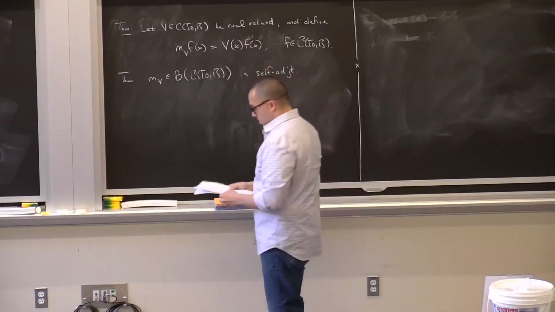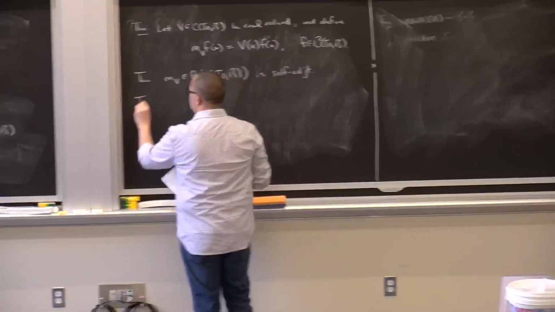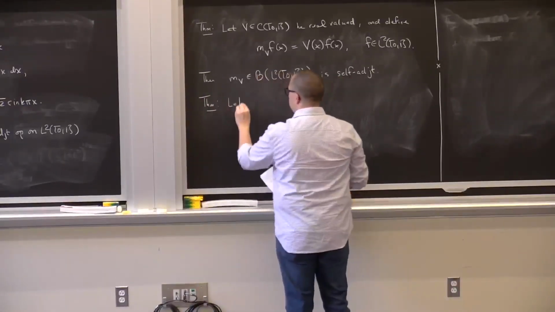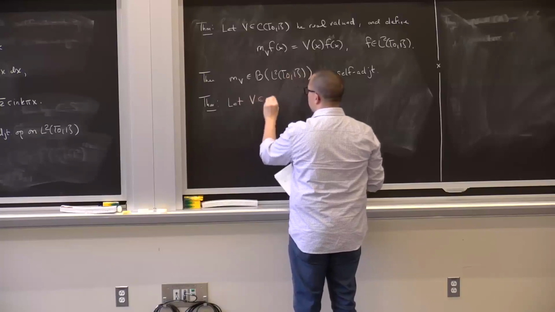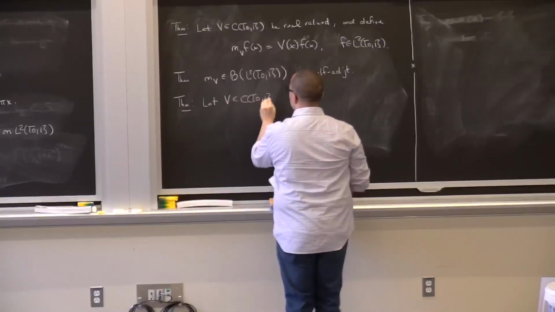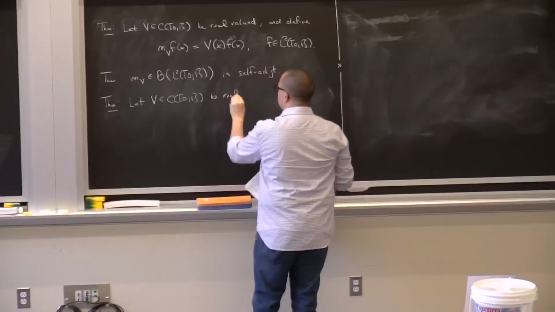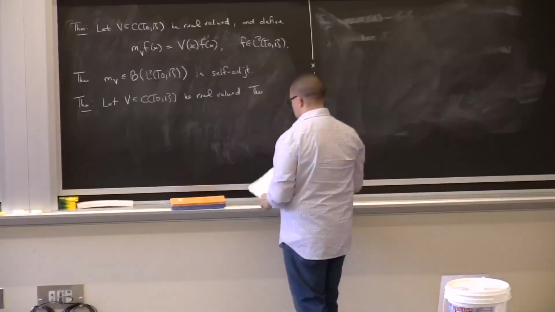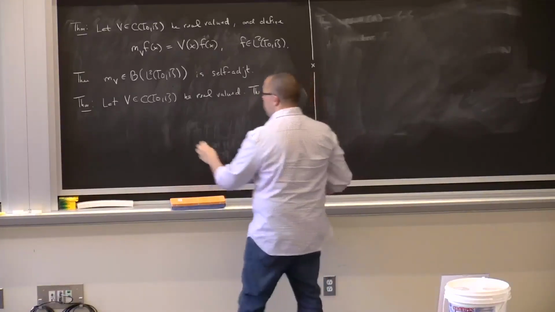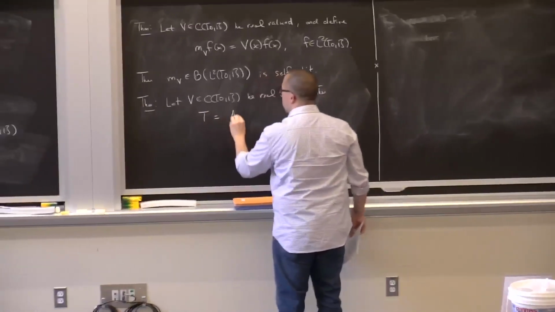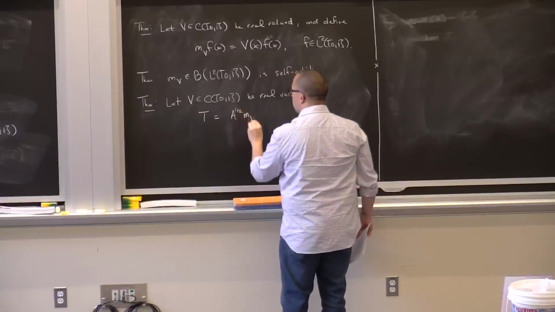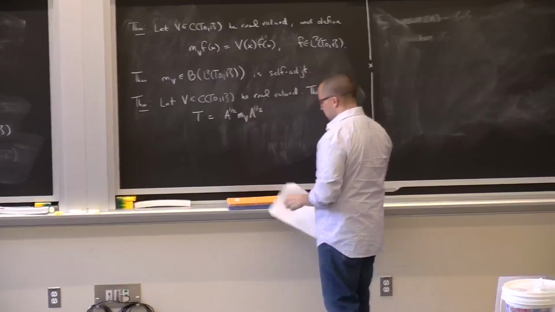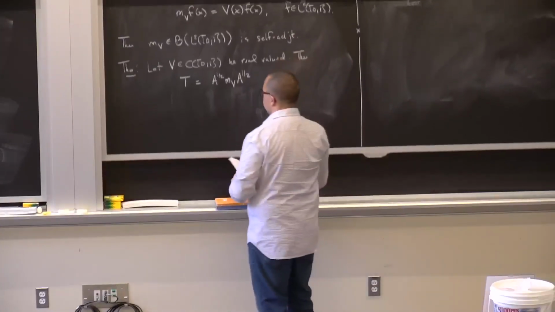Okay. So from this, you can conclude the following: let b be a continuous function that is real valued. Then the operator T equals A to the 1/2 composed with multiplication by b composed with A to the 1/2 satisfies the following.